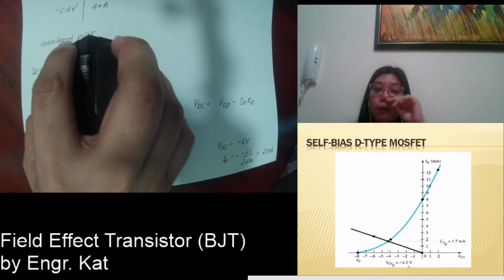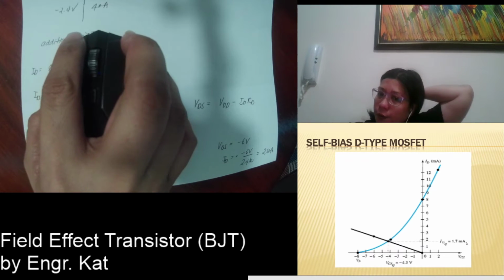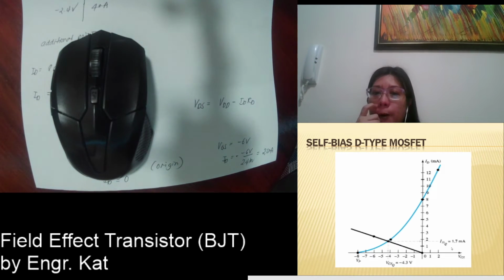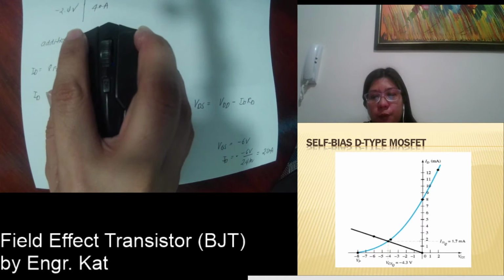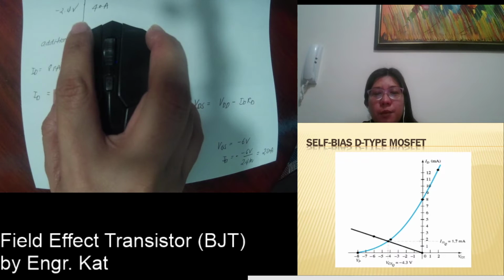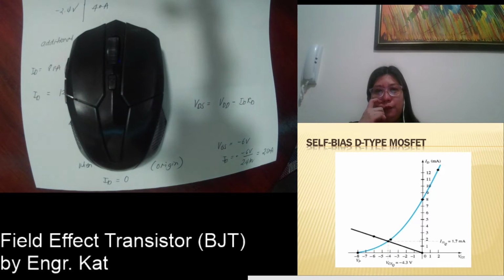So in solving for your VDS or your VD or your VS, you will just be using your value of ID in solving for the other unknowns. Okay, so that is your self-bias D-type MOSFET. So really, your answer will be dependent on how you are going to plot your curve properly.